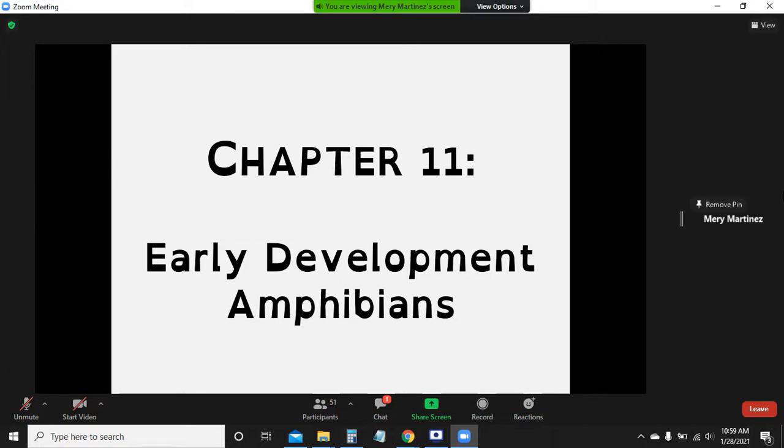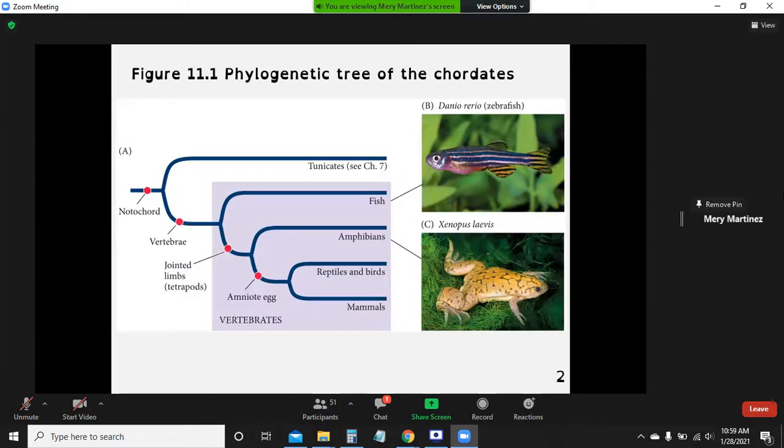Okay, so chapter 11 is about the development of amphibians first and then fish. So as I stated at the beginning of the course, early developmental stages are very similar in each of the vertebrate groups, and this is when we want to start looking at those similarities.